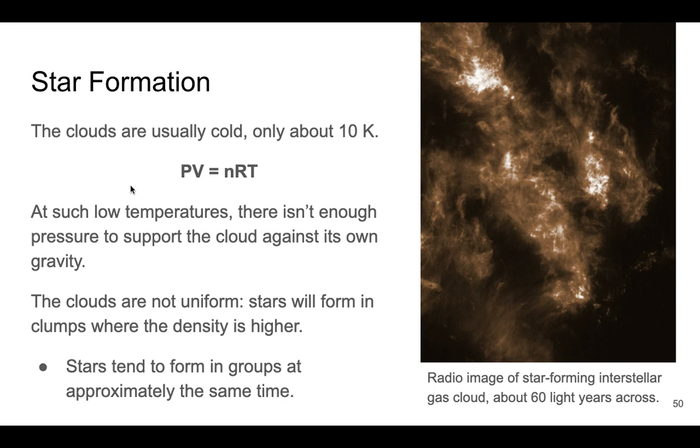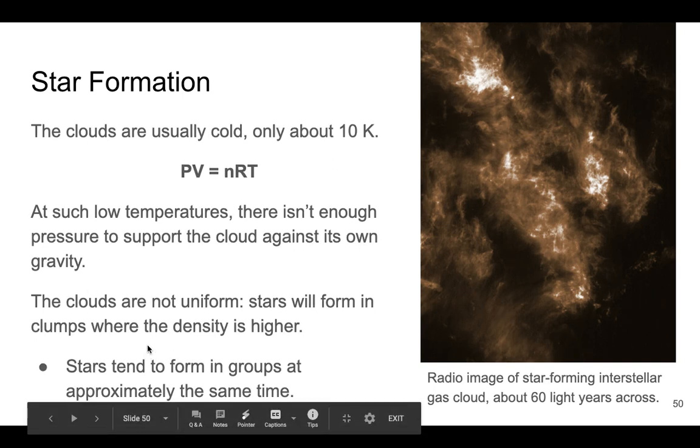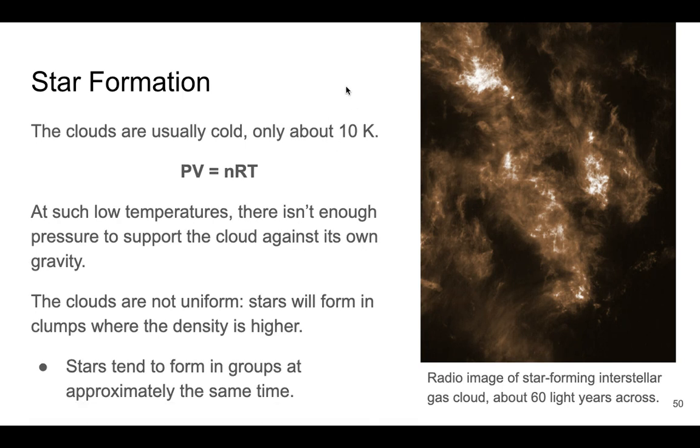Because of this, stars tend to form in groups at approximately the same time. So if you see a cluster of stars, we can generally assume, at least according to our theories, that they're probably all about the same age, because they probably all formed at about the same time from the same enormous cloud of gas.